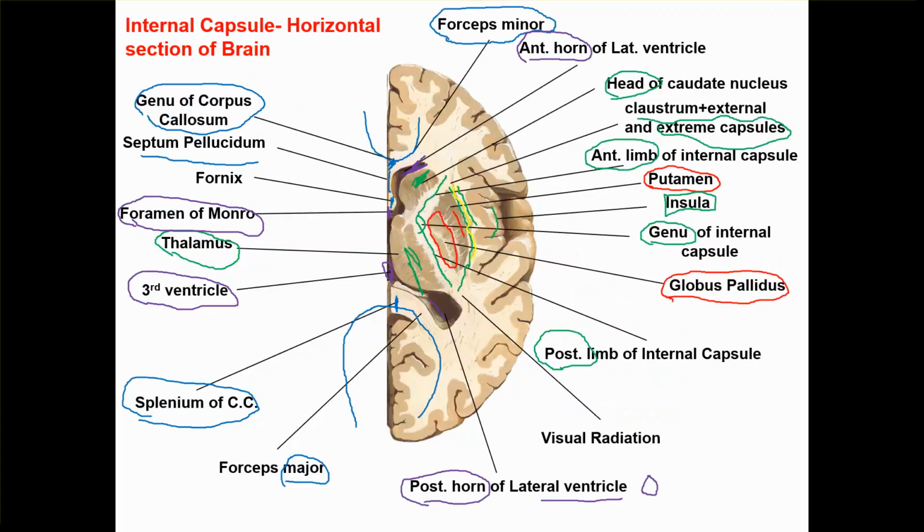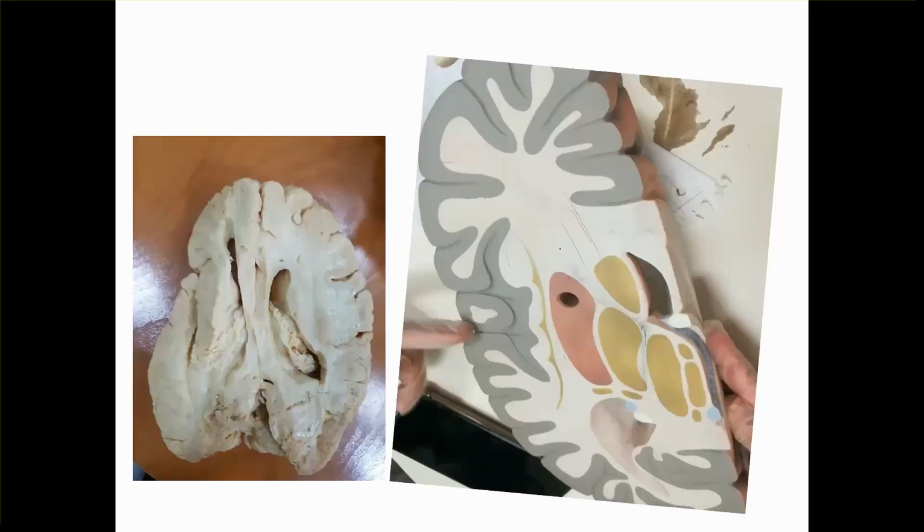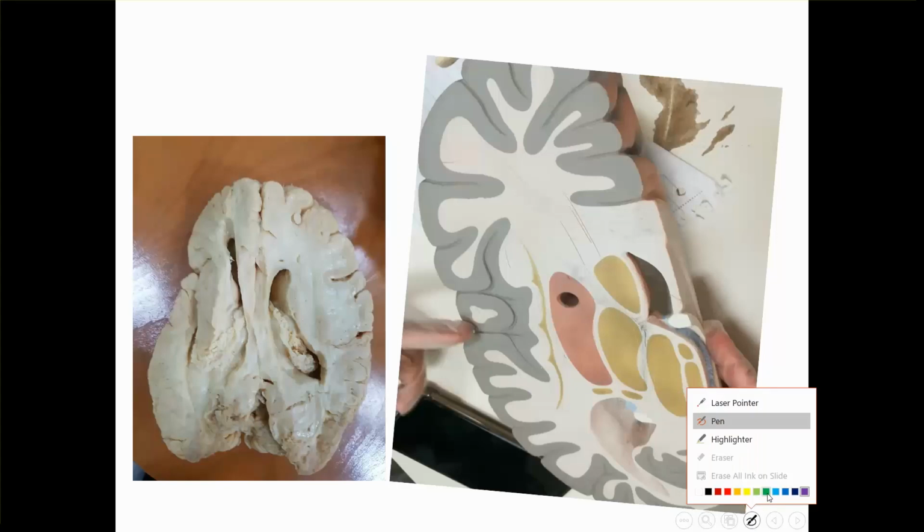Right now we can see this section is available in the lab. So here again, this is related to the left side. So now we need to first identify, first draw the internal capsule. So let's just draw it. It will be here.